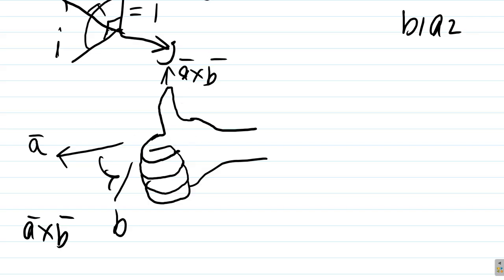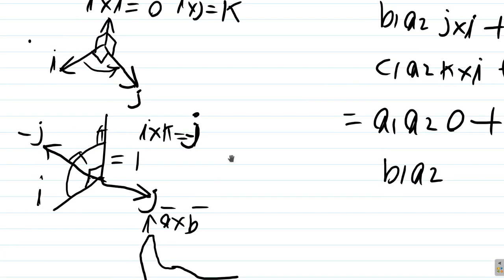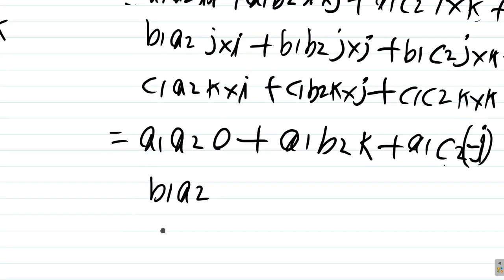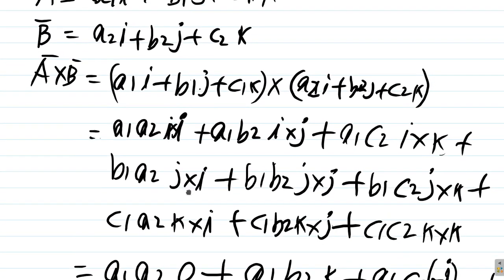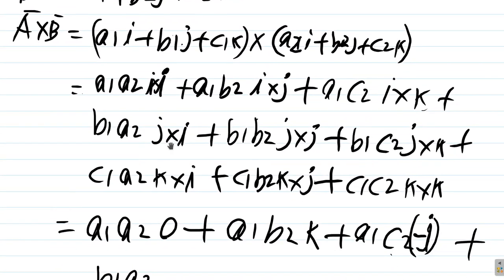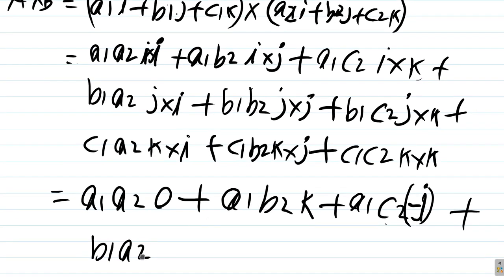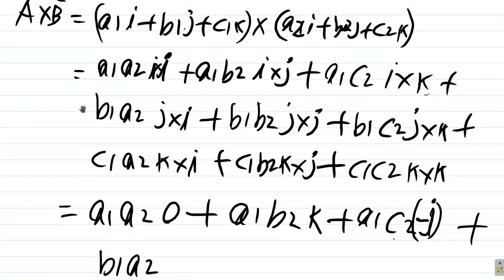Alright? So if you're moving from I to J with your right hand, you'll be pointing this way. Alright. Now, what about B1, A2? What happened to B1, A2?